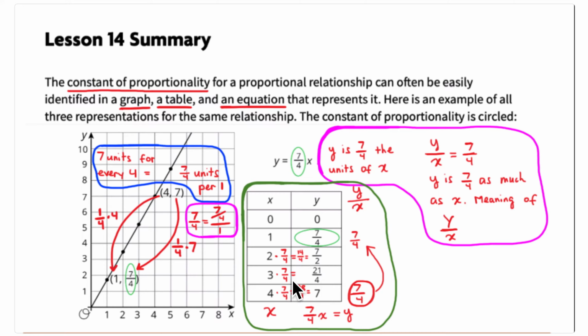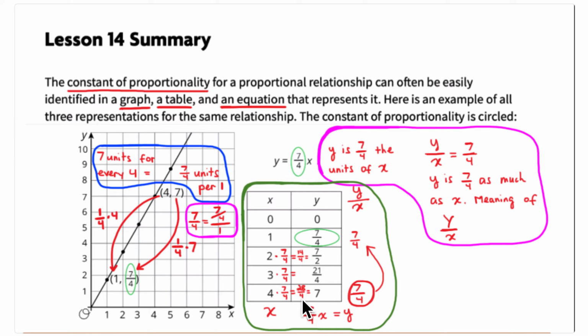A little bit hard to say and think about, but the point is that y divided by x is equal to 7/4. And you can look at it as, if you're multiplying by 7/4, then you divide by the other factor, you're going to get that 7/4 back. So 4 times 7/4 is 28/4, which is equal to 7.